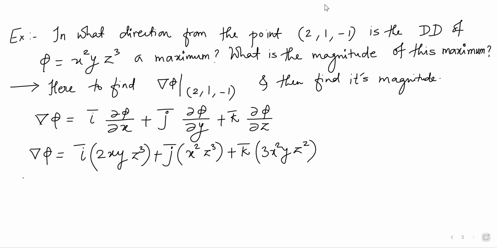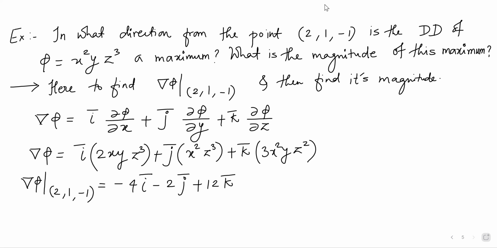And substitute here del phi at the point (2, 1, minus 1): put x as 2, y as 1 and z as minus 1. So it will be minus 4 i bar, because minus 1 cube is minus 1. Then we have minus 2 j bar. And the third thing is 3 times 4, that is 12 k bar.